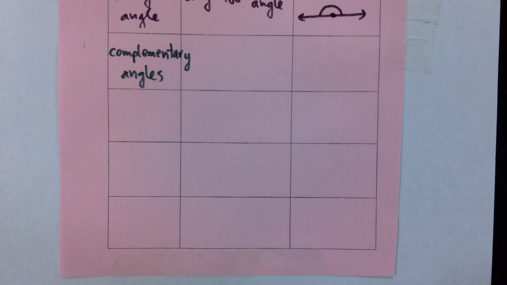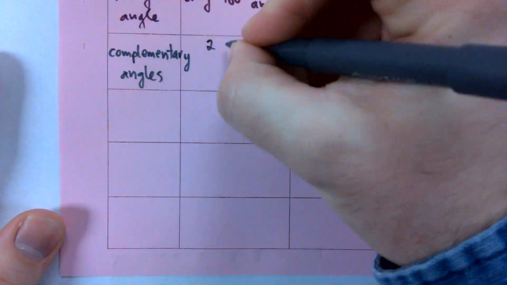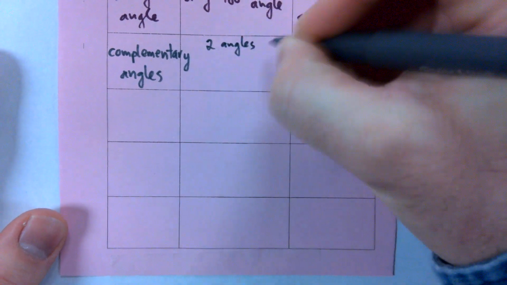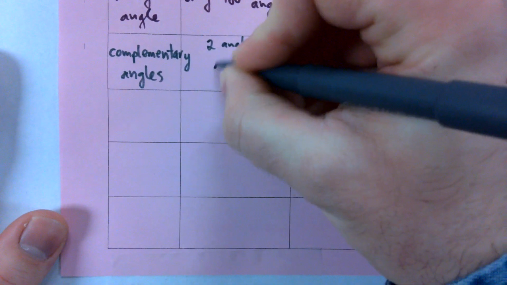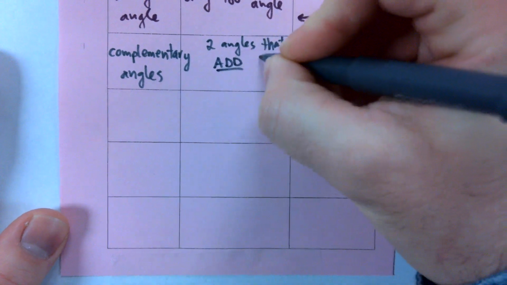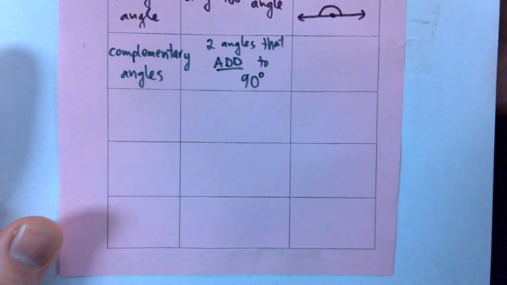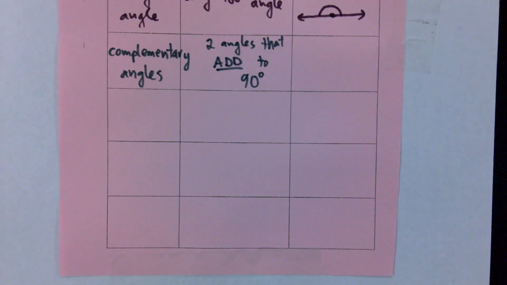Azalea, you remember? Exactly. Two angles that add to 90 degrees.